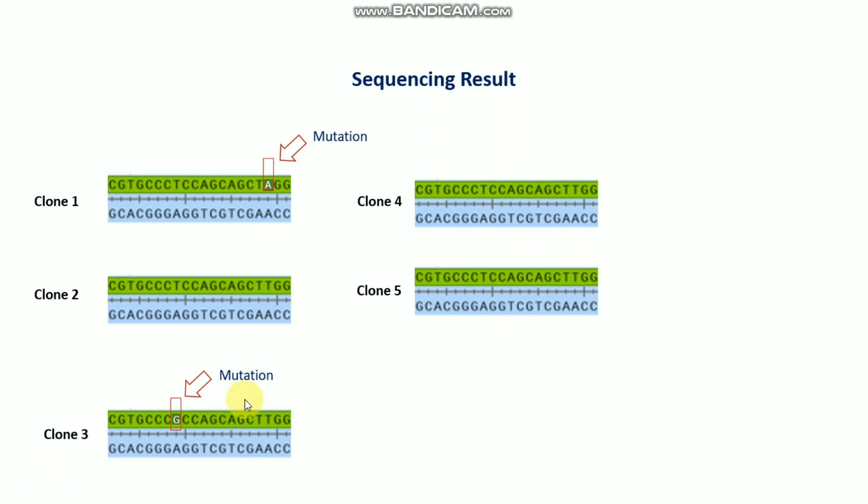But the rest of the clones that contain no mutation and whose DNA sequencing is all right, these kinds of clones you can use for further experiments. As you see here, clone 2, clone 4 and clone 5 are the right clones. These clones can be used for further experiments.